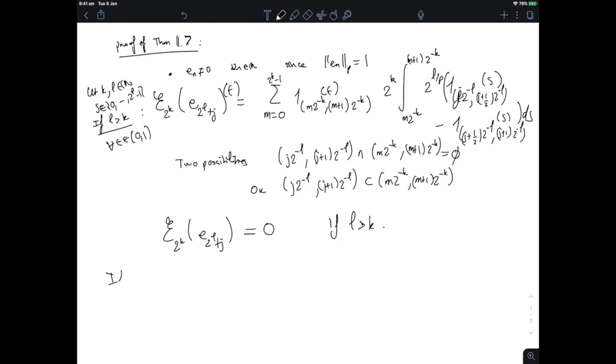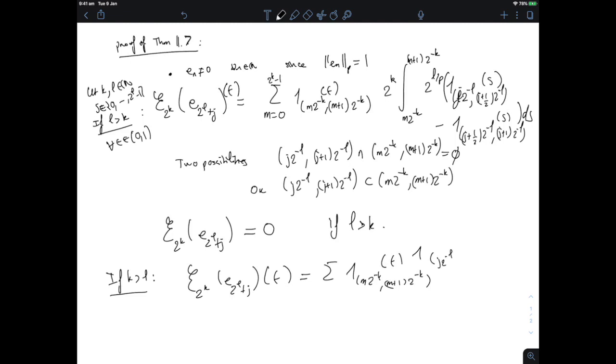Okay, now let's see what happens if k is greater than l. There are two possibilities. Either t is in the support of e_{2^l + j}, or it's not. If it's not, then I'm integrating 0 here. So I only care about what happens on the support of e_{2^l + j}. Let's look first at the left side of that support. That corresponds to multiplying by the indicator function of j 2^{-l} to (j + 1/2) 2^{-l}.